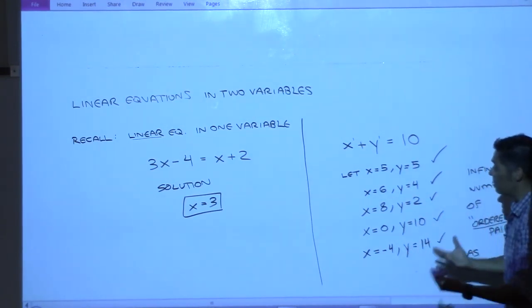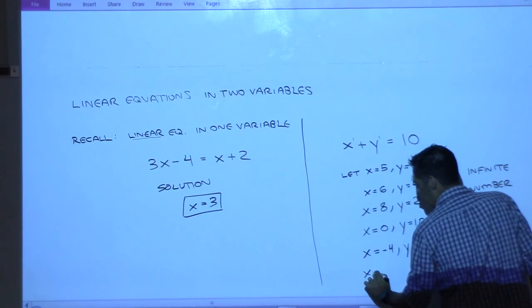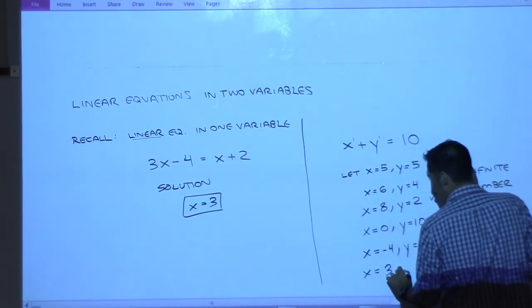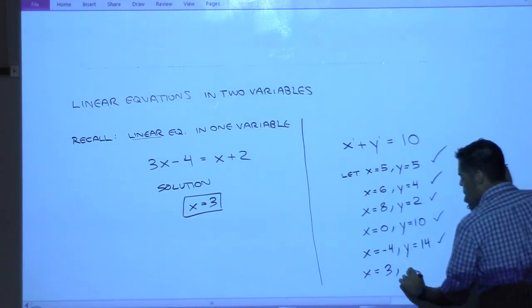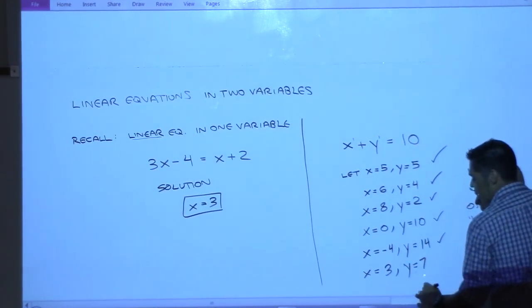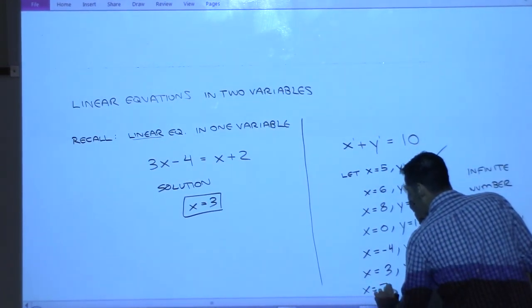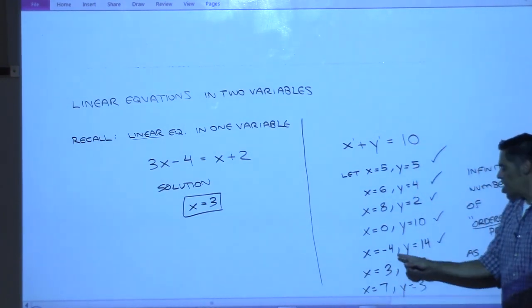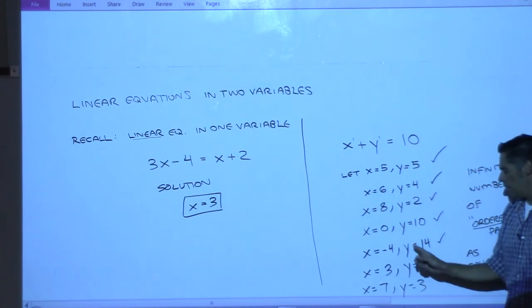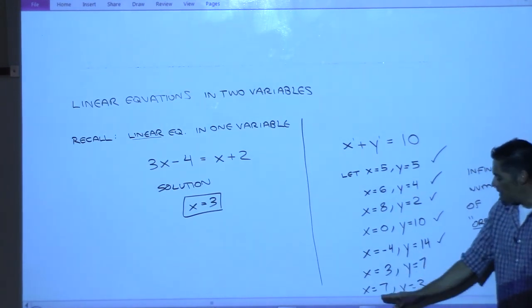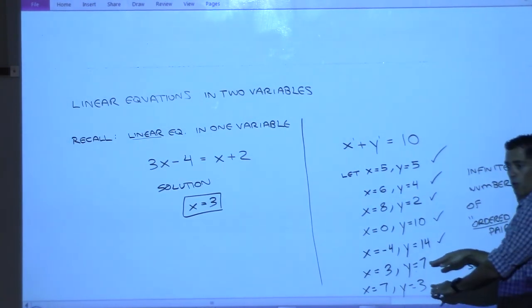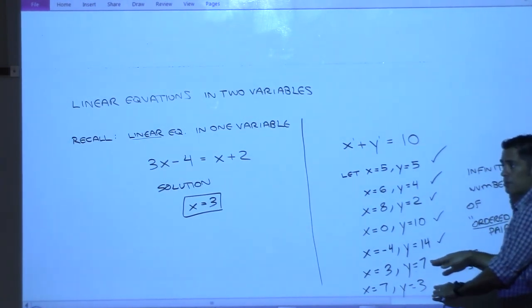But they're different because if I let, say, x be 3, then y is 7, which is not the same as 7, 3. This pair, you're letting x be 3, y be 7. And then this one, you switch them, right? So even though these both work, these are distinct answers, all right?